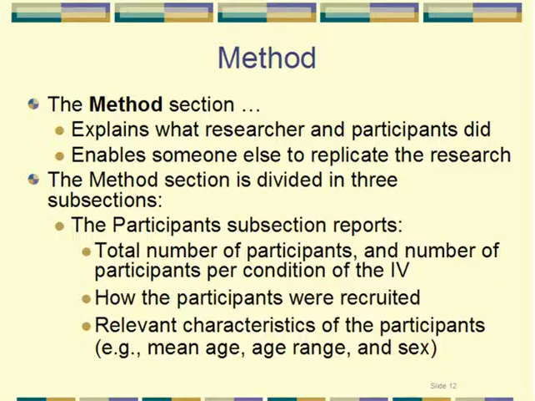The method section is divided in 3 subsections. The participants subsection reports the total number of participants and the number of participants per condition of the independent variable, how the participants were recruited, and relevant characteristics of the participants, for example, mean age, age range, and sex distribution.